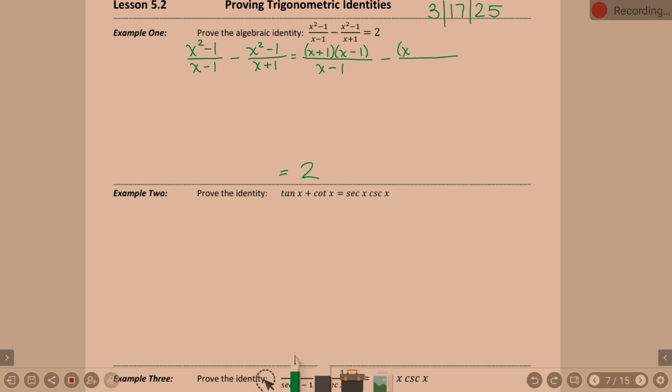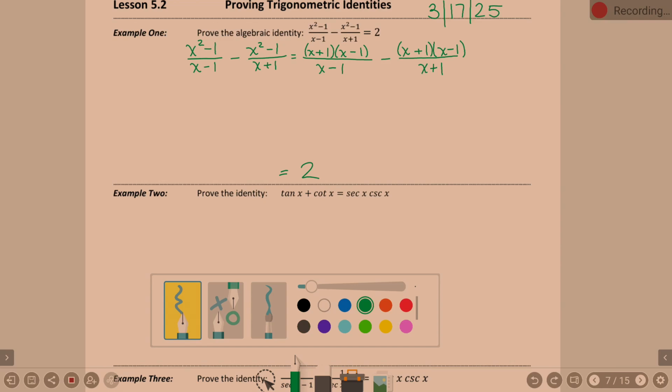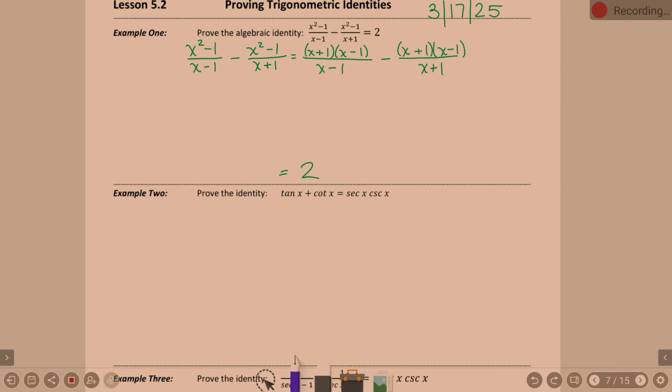X squared minus 1 factors into x plus 1, x minus 1. This time it's all over x plus 1. Shouldn't we go down for these steps? Well, so I usually start with my first step over, but then yes, I'm going to go down. Okay, because on the left is just what I started with.